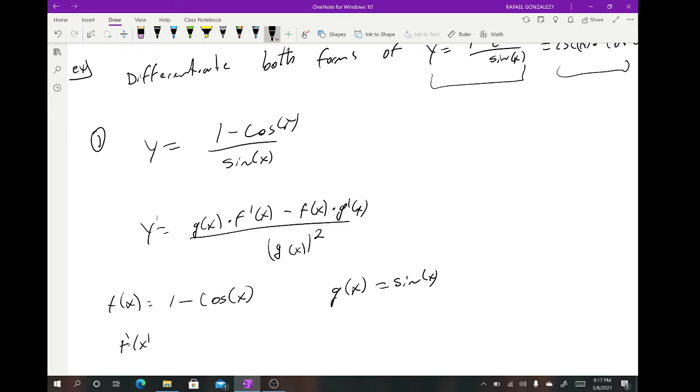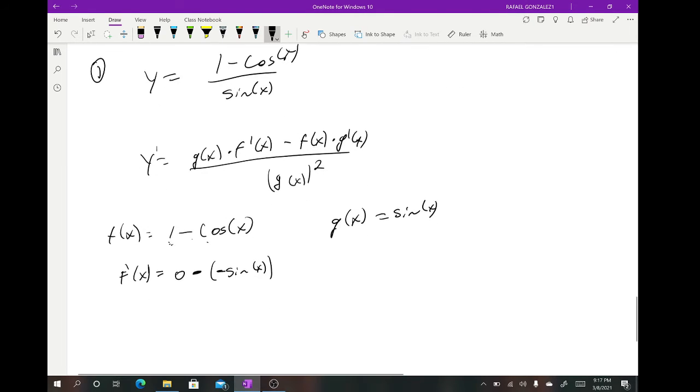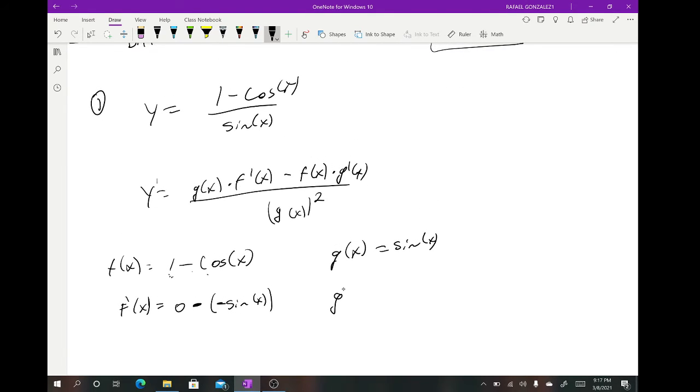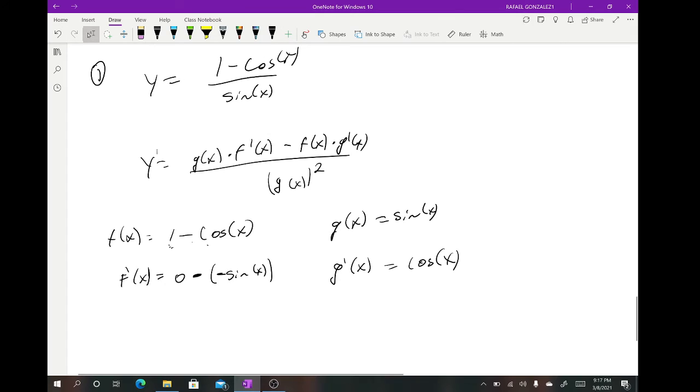Well, f prime of x is going to be equal to what? The derivative of 1 is 0, and the derivative of cosine is negative sine, so this is minus sine of x. Always be careful when you have a negative sign. And then the derivative of g of x, the derivative of sine, is cosine of x. So we have f prime of x is equal to sine of x.